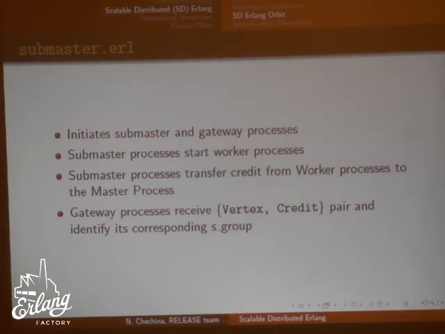The submasters initiate submaster and gateway processes and start worker processes. They take roles from worker processes and worker nodes and take work from masters. So they become something intermediate that connects masters and workers.